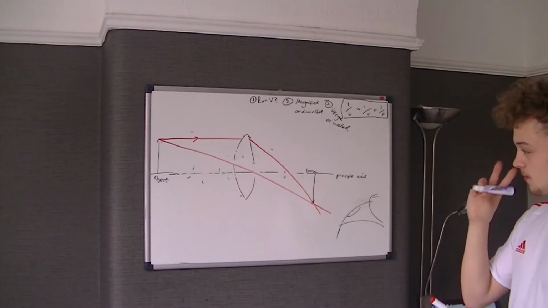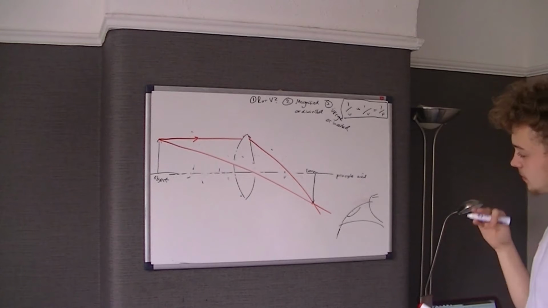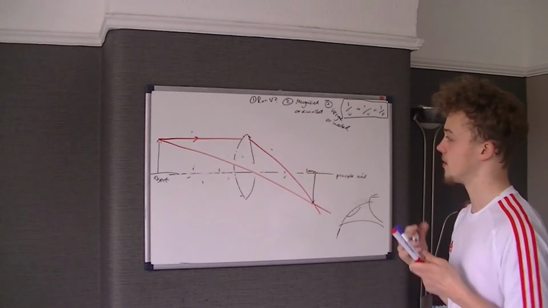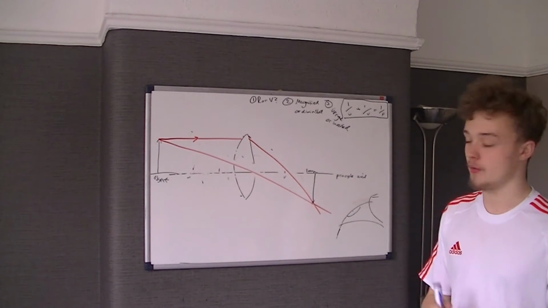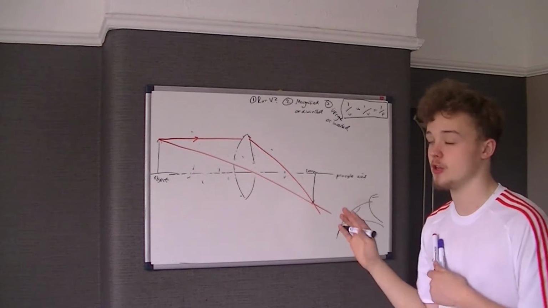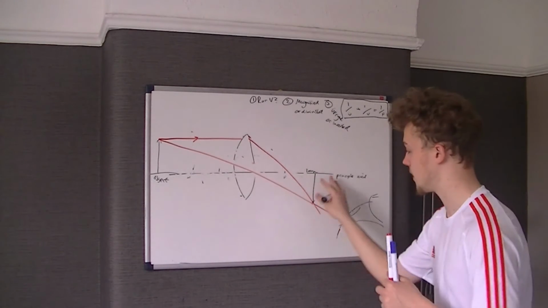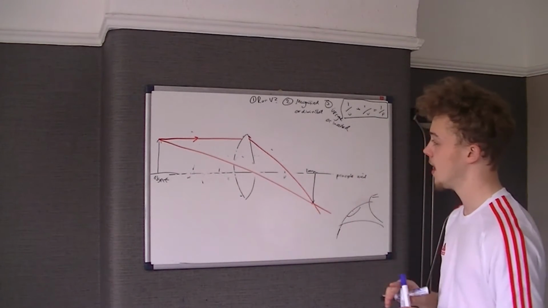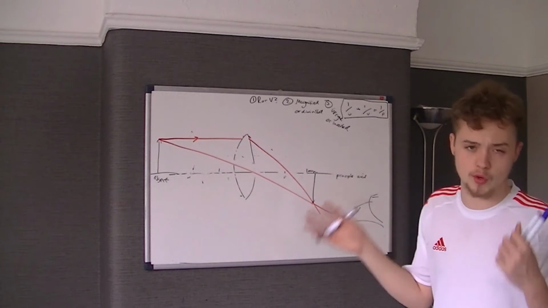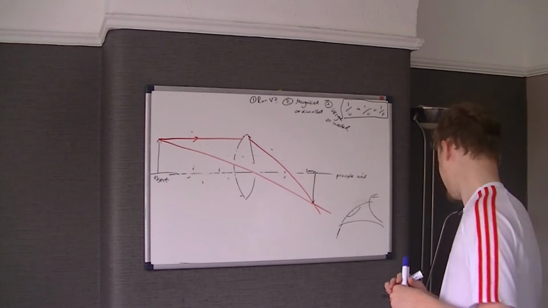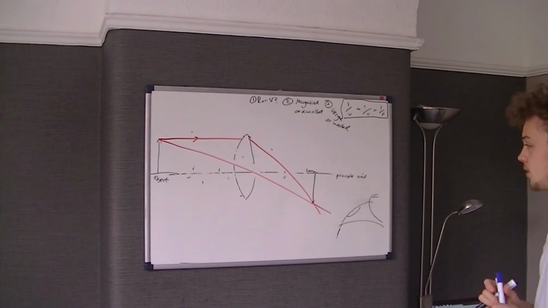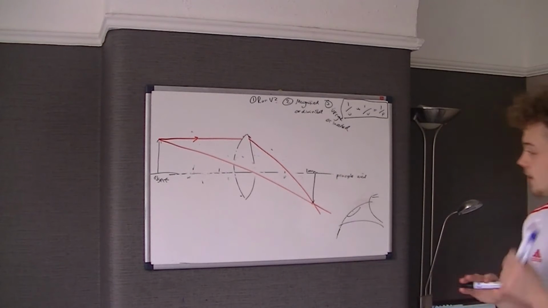As I said, you want to measure these, but really what happens, is it real or virtual? Well, it's real because it's on a different side to the object, and they're all real apart from, sorry, that's meant to be at 2 focal lengths, by the way.